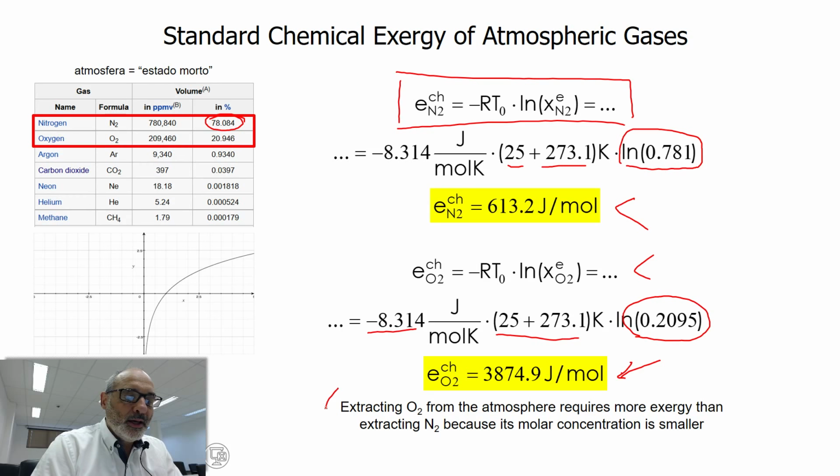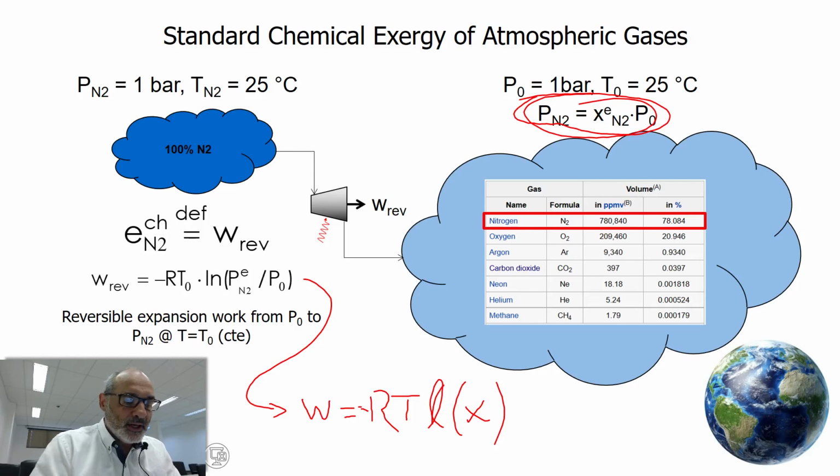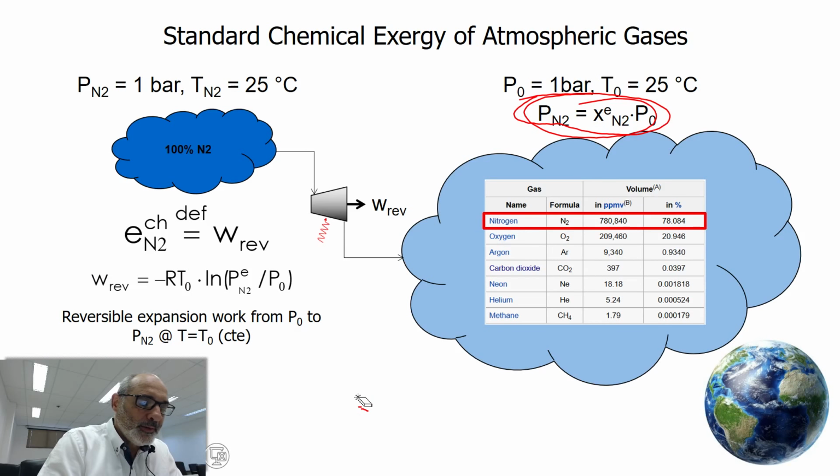And the fact that the exergy content is higher implies that extracting O2 from the atmosphere requires more exergy than extracting N2, because its molar concentration is smaller. I can figure this out from here because I'm considering the process in one sense, but I can also consider it in the opposite sense.